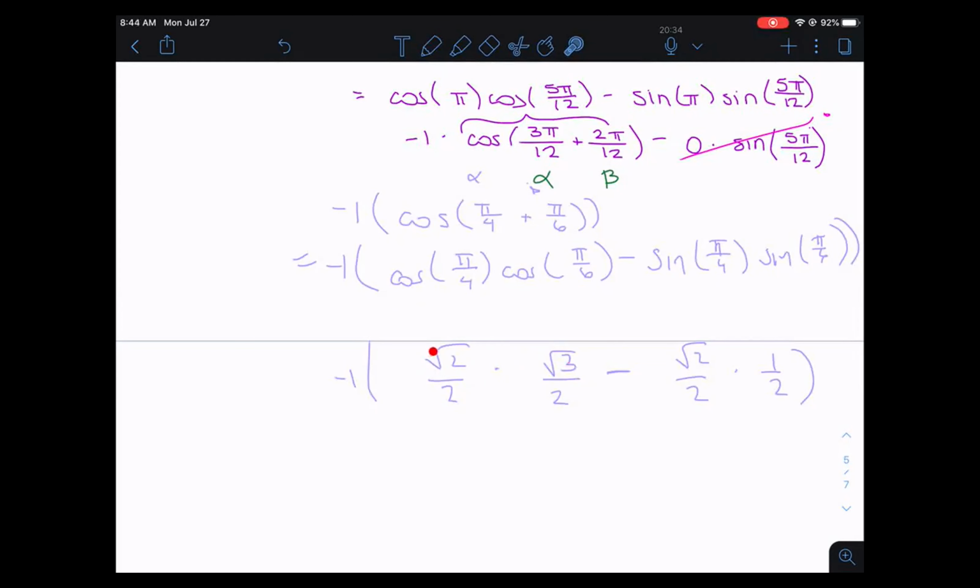Whenever we take the square root of 2 times the square root of 3, now that we're multiplying the inside, this is just going to be equal to the square root of 6 over, and then again, we just multiply the denominator. 2 times 2 is 4. We have the square root of 6 over 4 minus, and then this, we have a number on the outside, that's 1. The number on the outside here is kind of like 1 too.